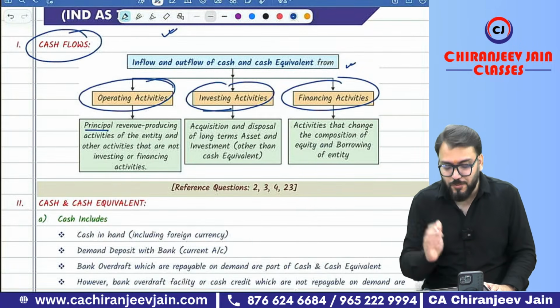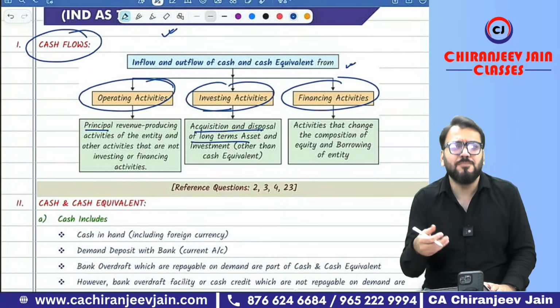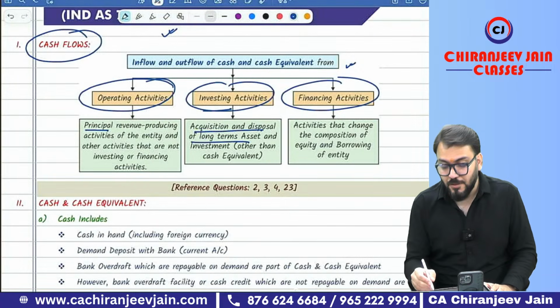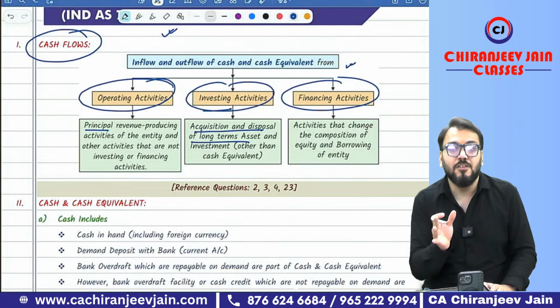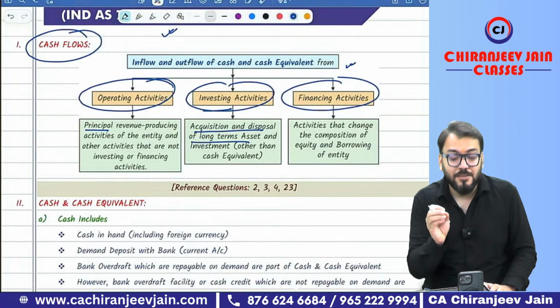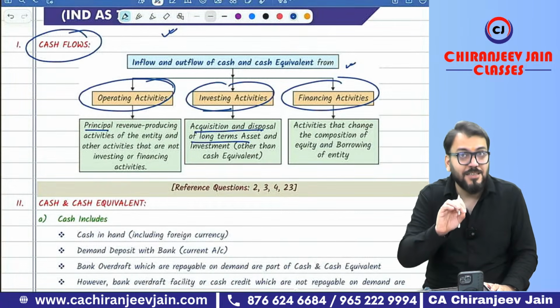Other than cash equivalent, you can say. So acquisition, disposal, long-term asset. Long-term asset means PPE, intangible asset, investment property, and investment other than cash equivalent. Then financing activities are activities that change the composition of equity and borrowing of the entity. So any activity which can change the composition of equity and borrowing.